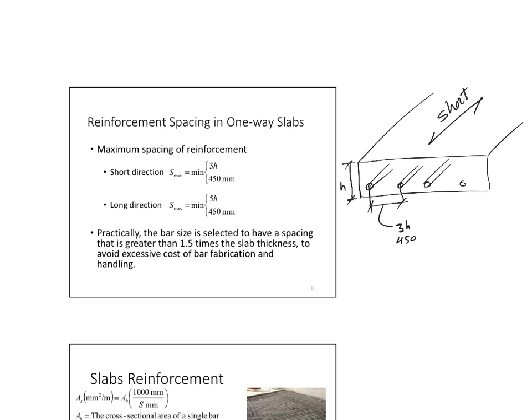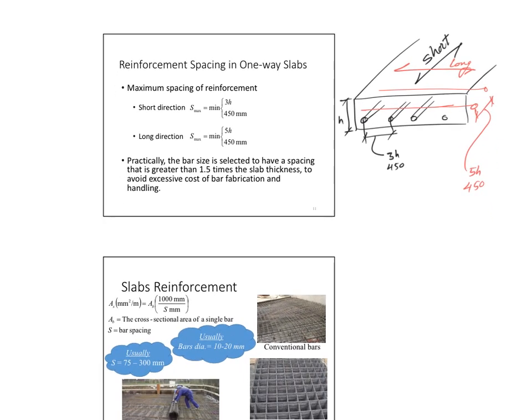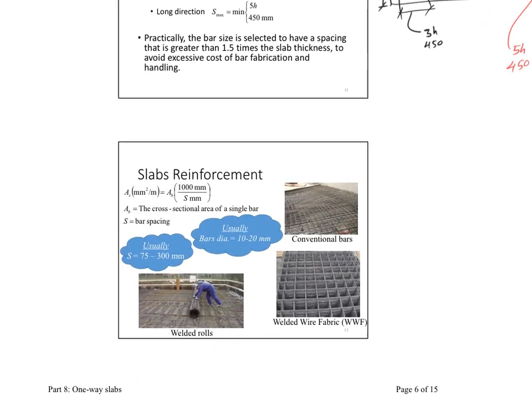If I'm going in the long direction, now those bars here, the distance between them, this here is the long, should not be larger than 5H or 450. Very simple equations, all will be given to you to be able to distribute your reinforcement. Again, the distance between the bars depends on the direction. Either 3H or 450 or 5H and 450.